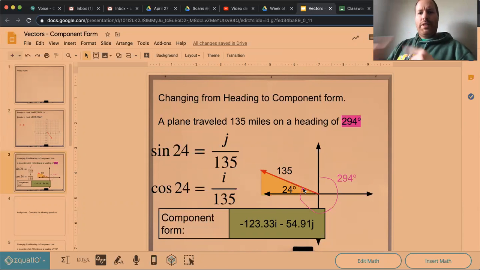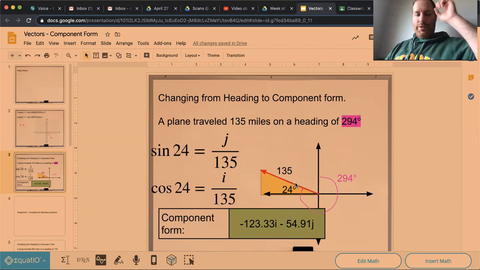Actually, these angles aren't in standard form, so no, we can't quite do that yet. That's for another time. But when this angle's in standard trig form, then we can go ahead and do that. So ignore what I was just saying before. I was thinking wrong. My mind was in a different place.